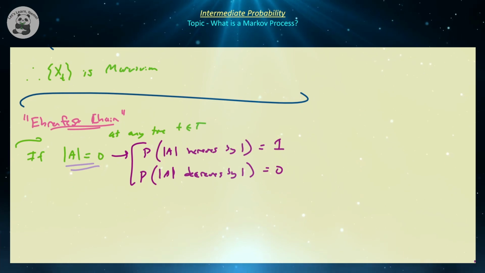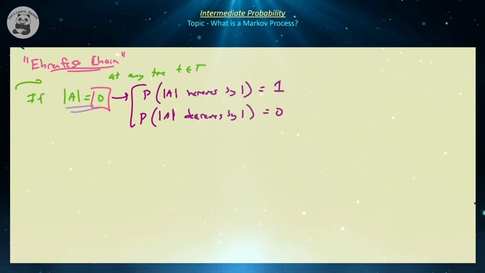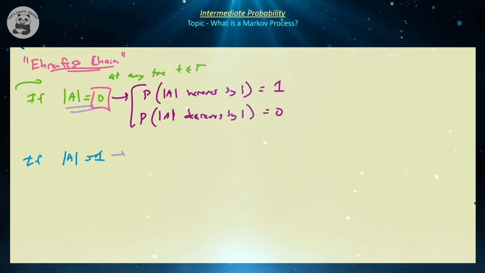So the case when A is equal to 0 is obviously trivial, and that's the smallest value that x_n can take. So let's move up to the case where A is equal to 1. So when A is equal to 1, what are we going to have?